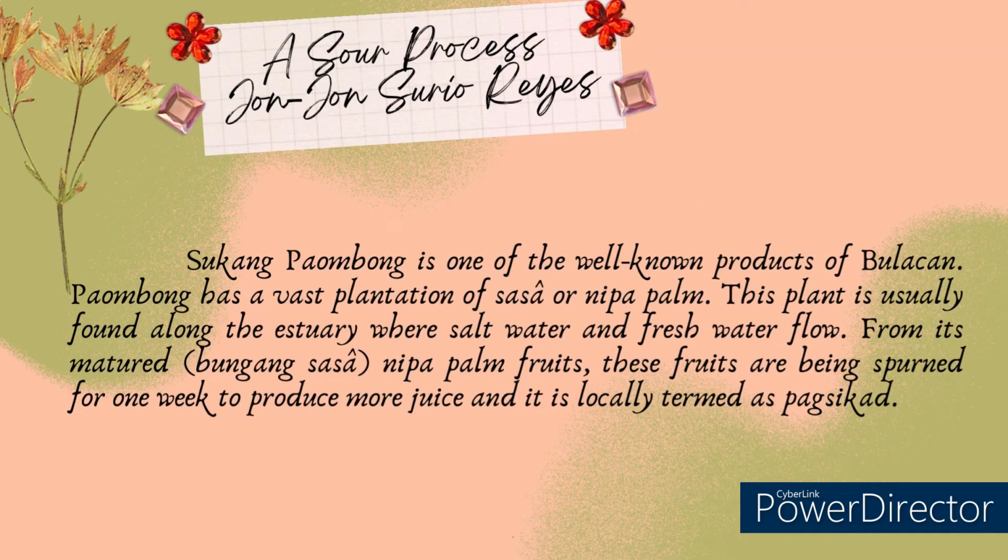Sukang Paombong is one of the well-known products of Bulacan. Paombong has a vast plantation of sasa or nipa palm. This plant is usually found along the estuary where salt water and fresh water flow. From its matured bungang sasa, nipa palm fruits, these fruits are being spurned for 1 week to produce more juice, and it is locally termed as pagsikad.